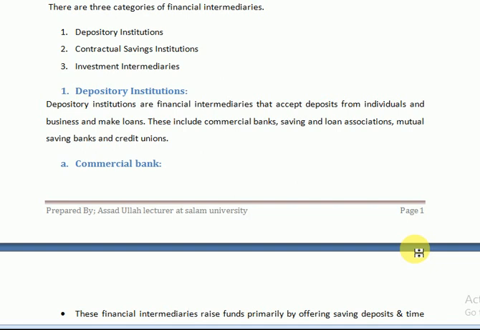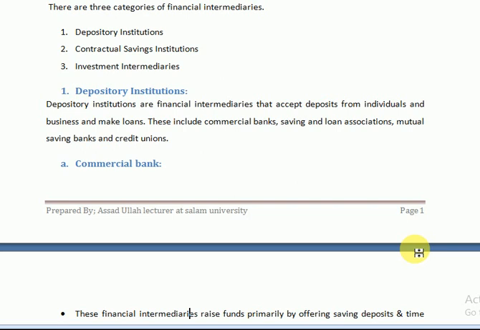is a financial institution which generates its funds by accepting deposits from individuals and other institutions or businesses and makes those deposits into loans.